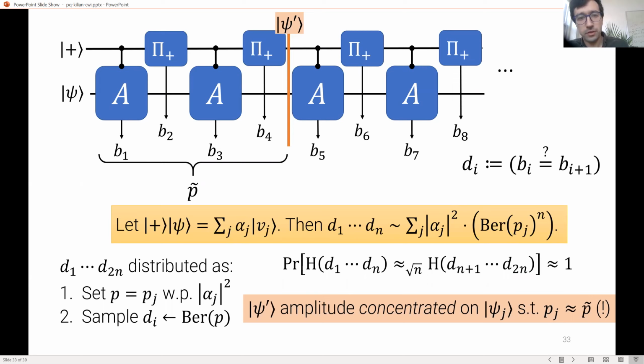But what you can infer from this is that the state in the middle is also concentrated around this P. In particular, it's concentrated around the P tilde that you measured in the first half, because this distribution is now behaving as though you already picked P, like you picked this J. You pick the J at the beginning, and then you still have the same J in the middle of this procedure. Yes, exactly. And so this means the state must have changed in order to cause this to happen.